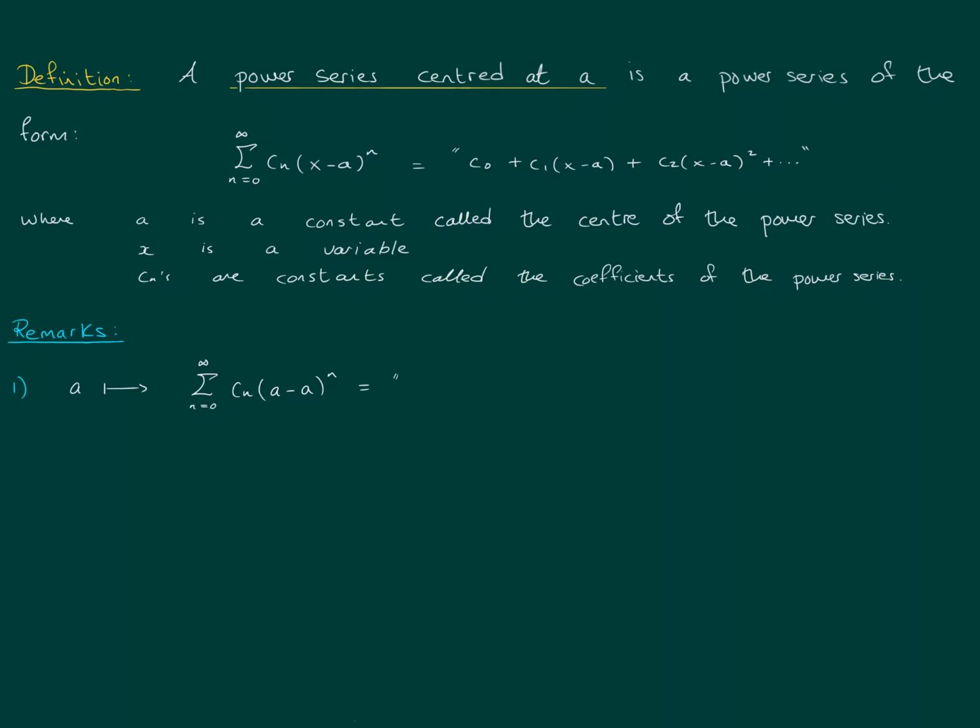Writing that out in the dot dot dot notation, that's C0 plus C1 (A minus A) plus C2 (A minus A) squared. What do we notice about all these A minus A's? They're all 0. So the only term that survives is C0.